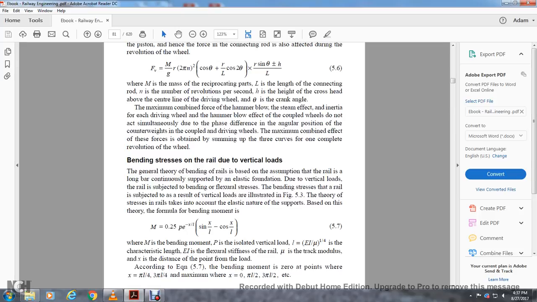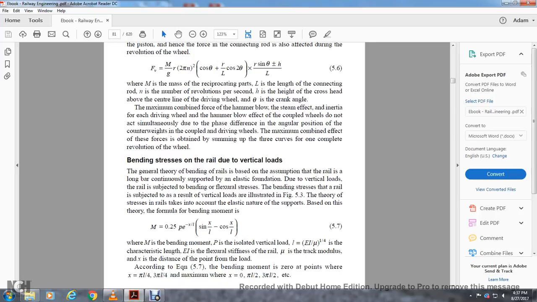The bending moment equals 0.25 times P, the isolated vertical load, times e to the negative x over L, bracketed sin x over L minus cosine x over L, where L is the characteristic length, EI is the flexural stiffness of the rail, u is the track modulus, and x is the distance of the point from the load.